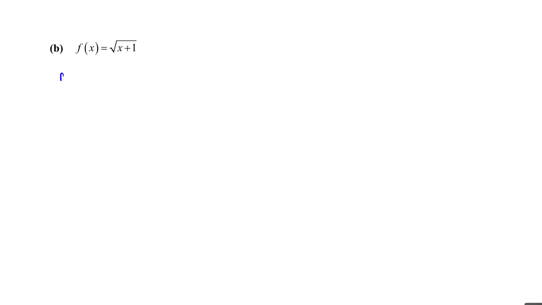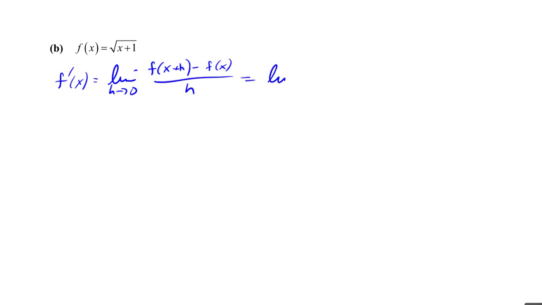Here's f of x. Still f prime of x is the limit as h approaches 0 of f of x plus h minus f of x over h. This time, limit as h approaches 0, f of x plus h, so I put x plus h in for x, square root of x plus h plus 1, minus f of x, square root of x plus 1, over h.